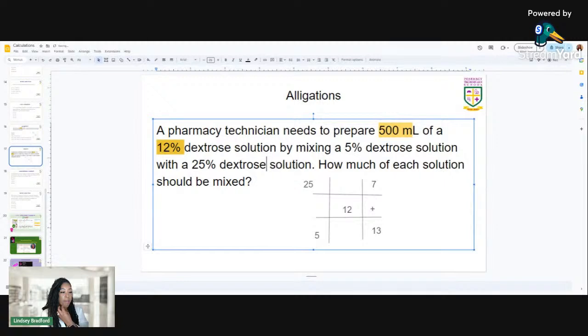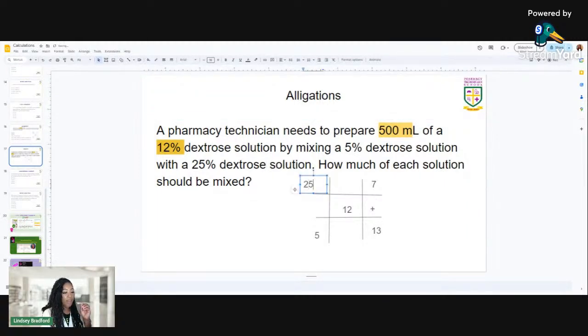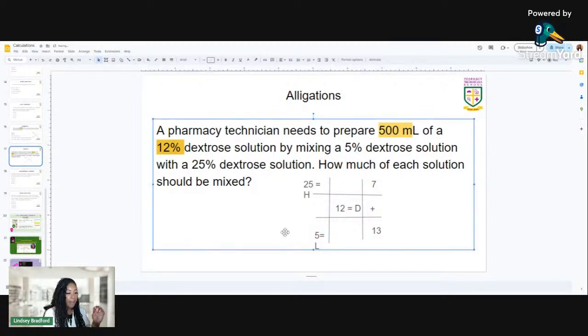Now, our high number is 25 here. Our desired number is 12, and our low number is 5, okay?